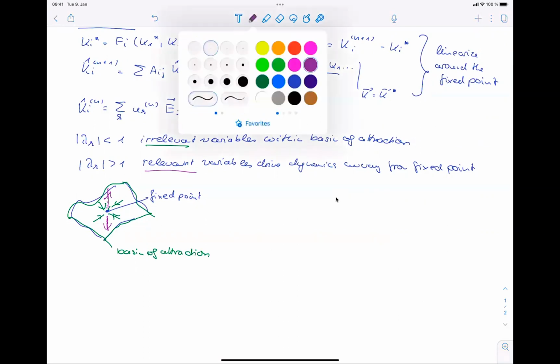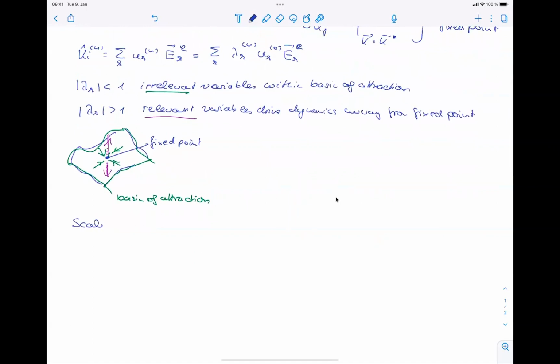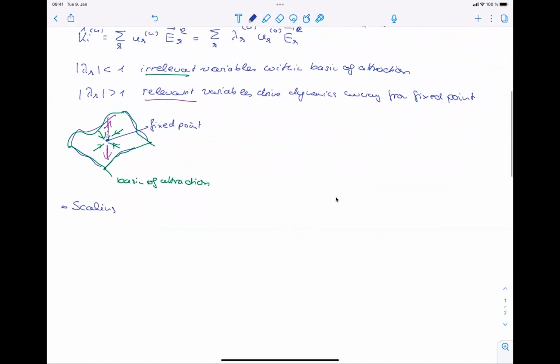And to derive the scaling, we started with the ansatz that these eigenvalues scale as b to the power of c_k, where these c_k are the critical exponents of the relevant variables that I can also define as ln lambda_k over ln b.